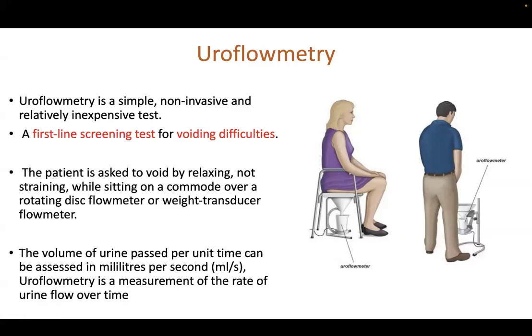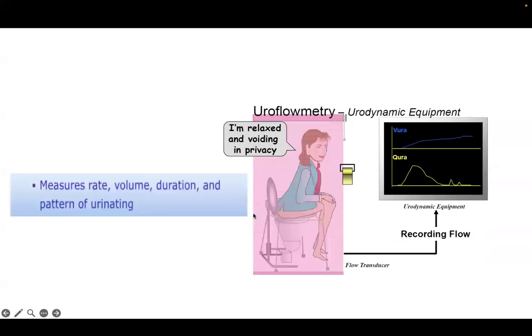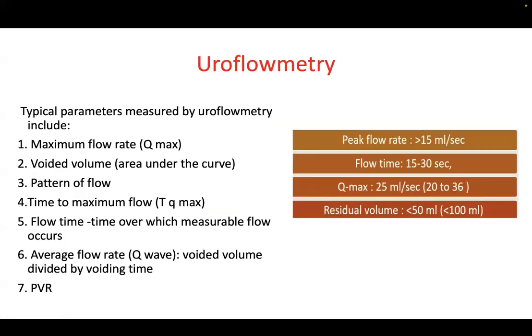And we will record the volume of urine she passed per unit time, expressed as milliliter per second. Whenever the patient voids, there is an electrode and a computer attached with it, and here we will see a graph. We will measure the rate, volume, duration, and pattern of urination. This is uroflowmetry. This slide is very, very much important for the exam. What will we find?